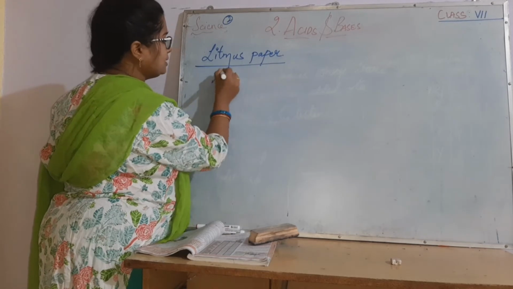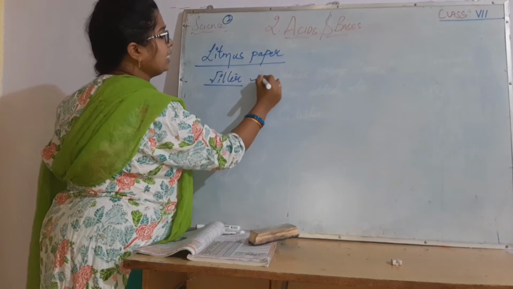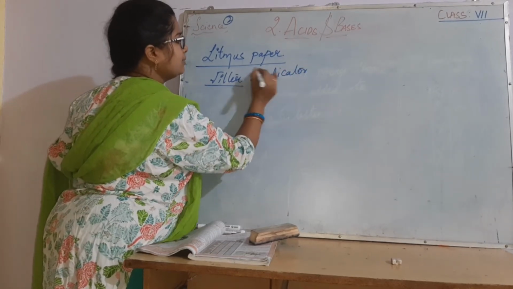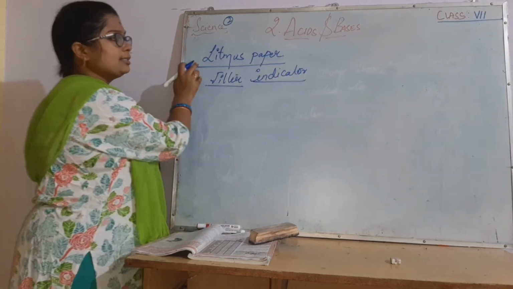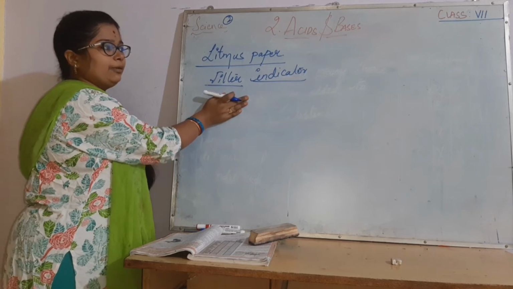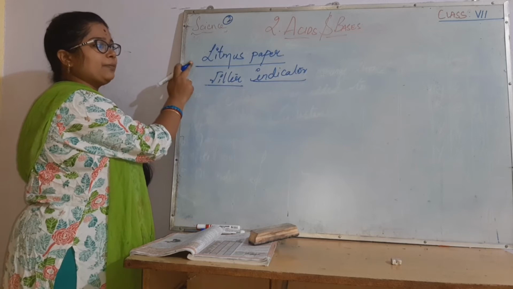From the lichen plant, we will make indicators, like our turmeric and hibiscus. Similarly, a filter paper is taken by the lichen plant, and with them we are going to make these litmus papers.